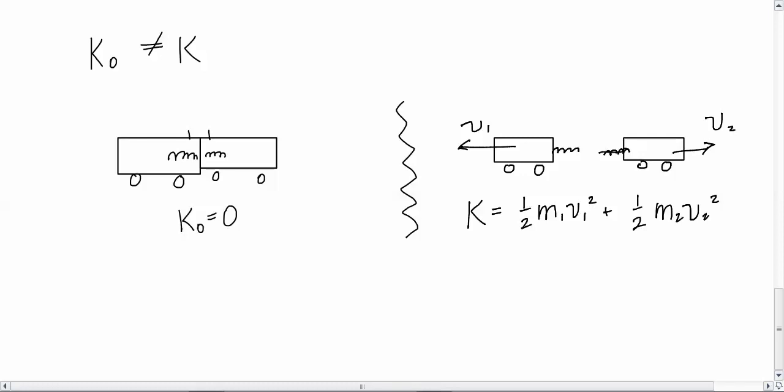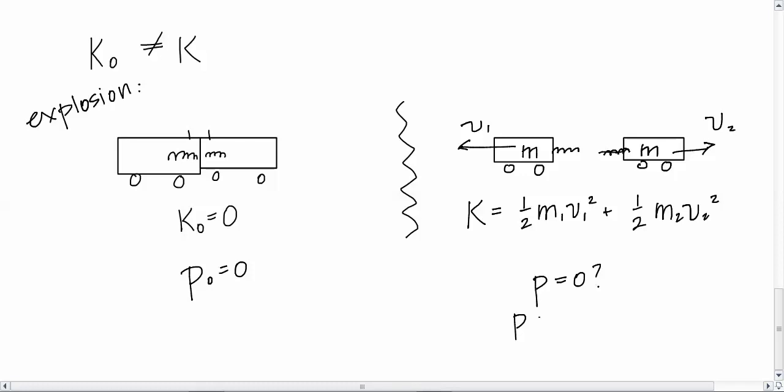But look at the momentum of this explosion. The initial momentum of the system was 0 because the carts are just sitting there. Is it possible for the final momentum of the objects to also be 0?